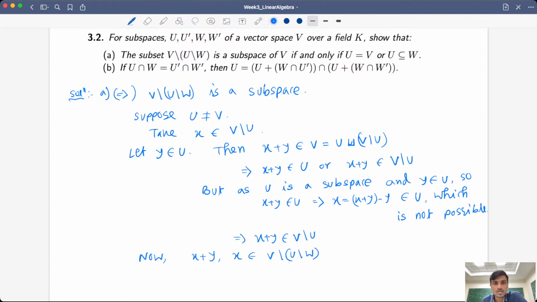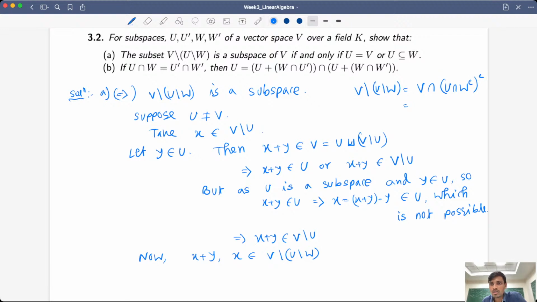So if I write it in the union-intersection form, V minus U minus W is nothing but V intersection U minus W. Any set minus that thing means A minus B is A intersection B complement, right? So here also you have U minus W complement, but U minus W is again U intersection W complement, whole complement.